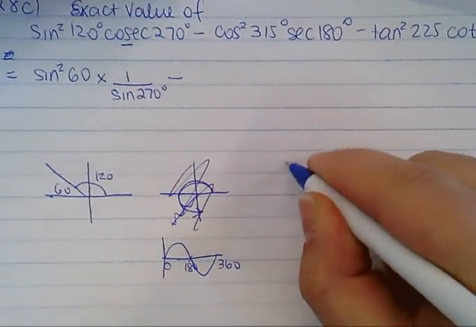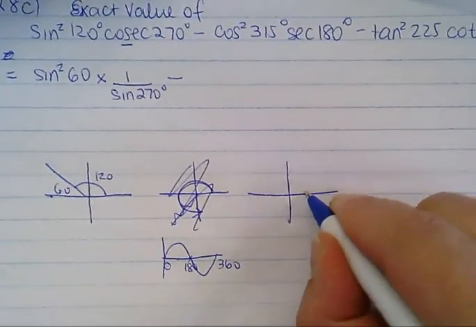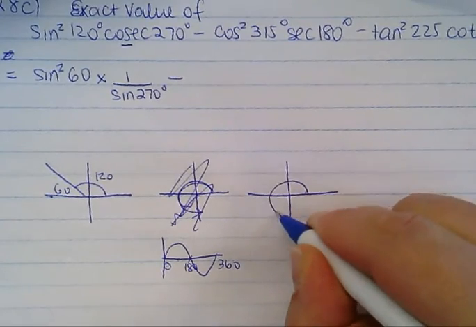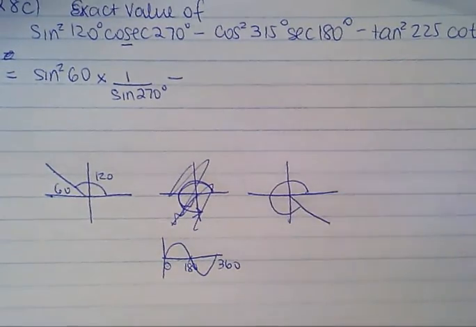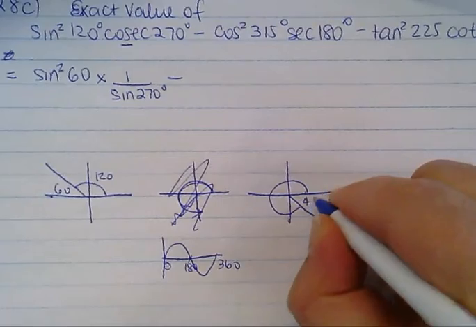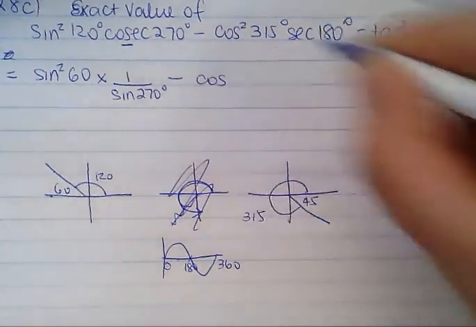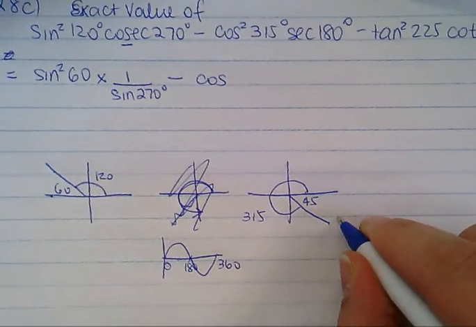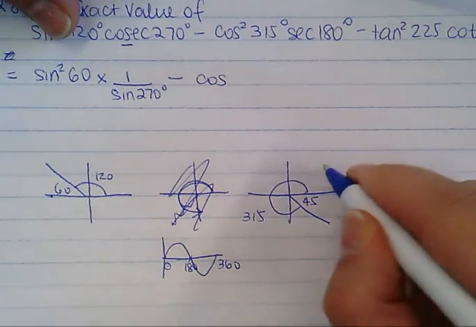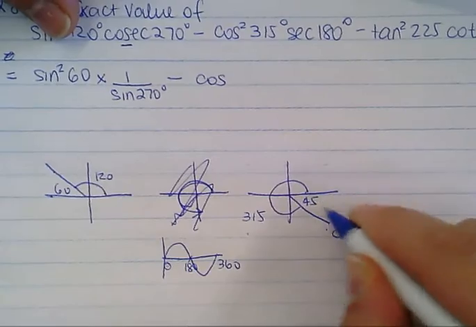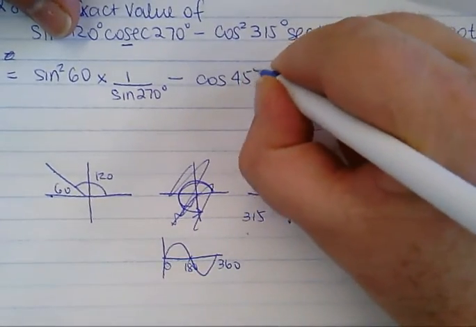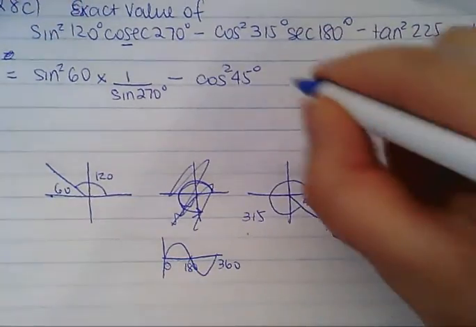minus cos squared 315. Cos of 315, where does that sit? It's almost 360. The acute angle here is 45. So isn't that the same as cos of 45? All stations to central, cos is positive. I need the acute, so that's cos squared 45.